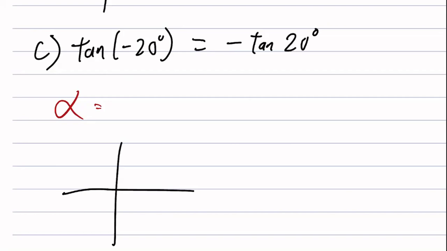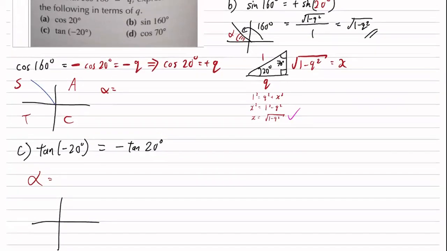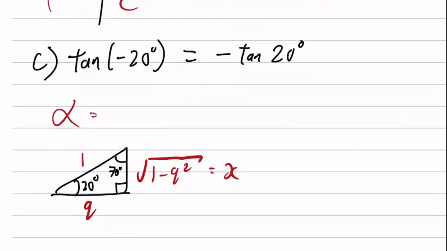That's good, because tangent 20 degrees, we've seen 20 degrees before over in this triangle. So I'm just going to recycle it, save some time. Then alpha is what? Doesn't matter anymore since we use the special trick. So one, memorize negative angle identity.